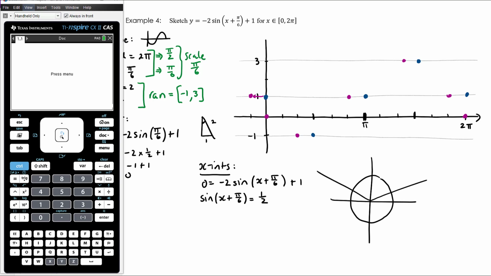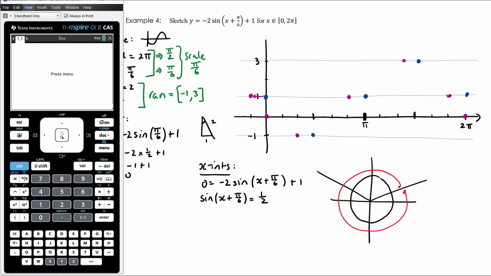Again, I don't worry so much about the domain when I'm finding x-intercepts. I mean, you can, and it's a good thing to do. But if you're missing one or missing a couple, you can usually use the symmetry or the pattern on the graph to find the missing ones once you've got a couple of them. Okay. So technically speaking, I should be looking at a domain from pi on 6 around to pi on 6. So what I mean by that is I should actually start here and then go around to here.